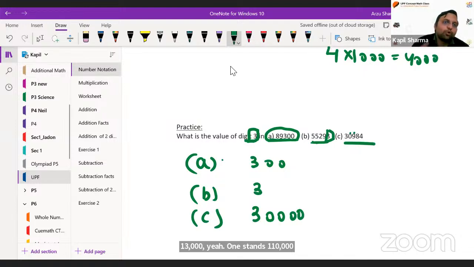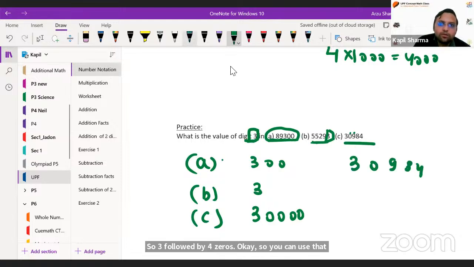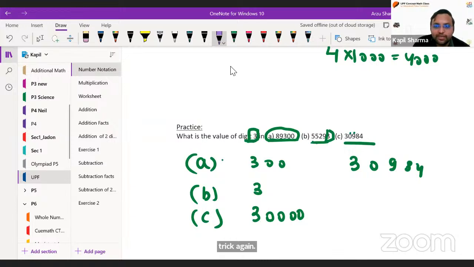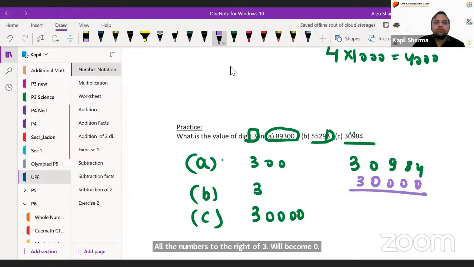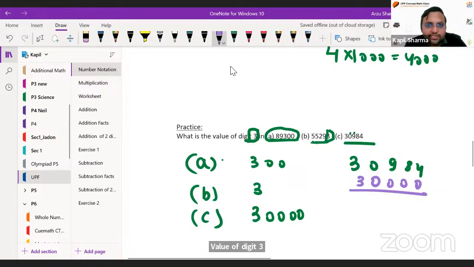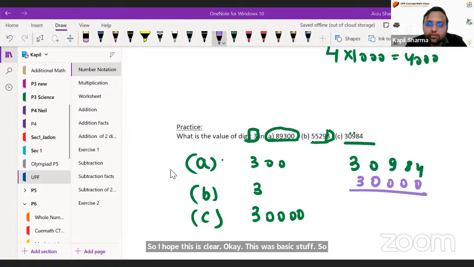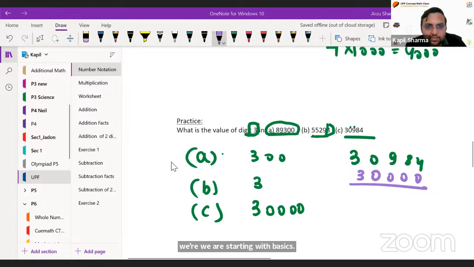So 3 followed by 4 zeros. You can use that trick again: all the numbers to the right of 3 will become 0. So that's the value of digit 3. I hope this is clear. This was basic stuff. We are starting with basics, and slowly we are going to cover some challenging concepts.